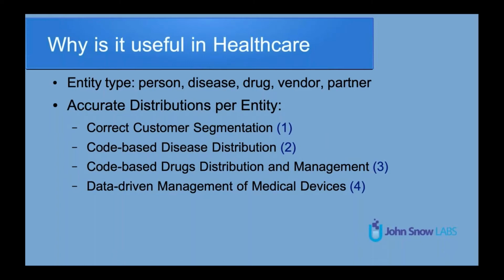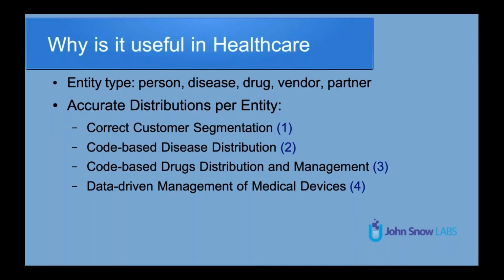We can have more accurate drug distribution in order to help our pharmacy, if we have one, and to help our procurement and supply chain with correct, deduplicated, merged distributions. And the same thing for medical devices.